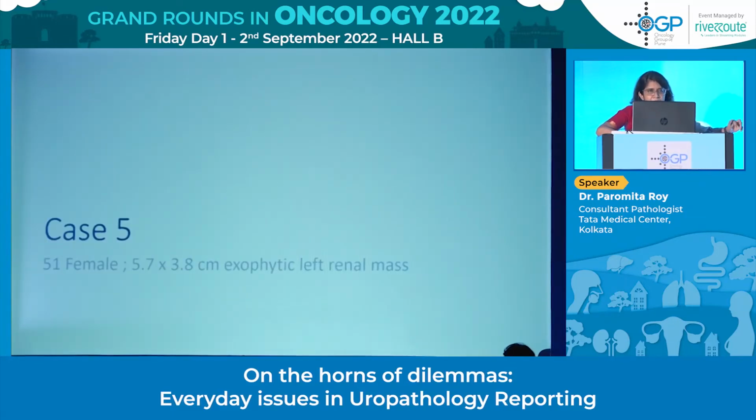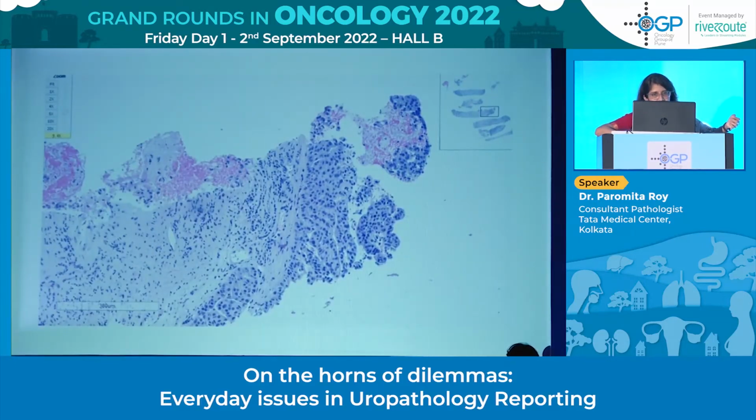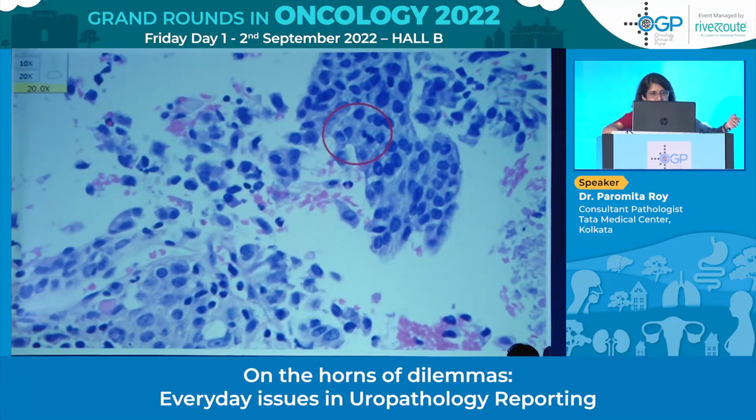biopsies. Now moving on to kidney, this is my case 5, a 51-year-old female patient presenting with an exophytic renal mass. We generally don't biopsy our kidney tumors, but this was looking odd on radiology, so it was biopsied. And you can see this is the kidney parenchyma, and there's a glandular papillary kind of tumor over here, and quite high grade. Clearly not clear cell.